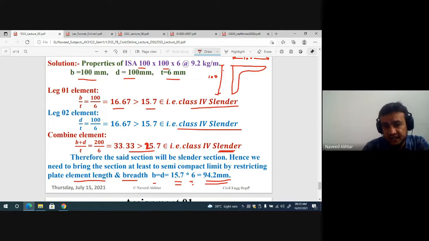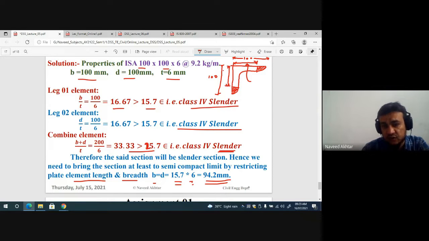So to bring it into the semi-compact limit, I will cut this part, and we will consider the effective area of only this length and only this breadth.